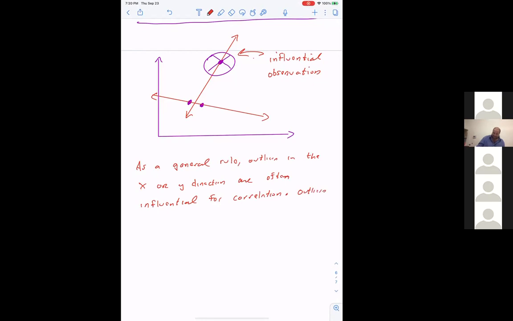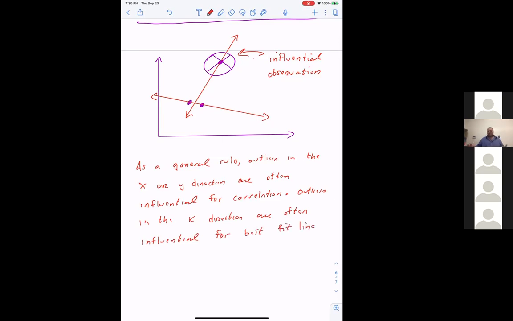Outliers in the X direction are often influential for the best fit line.